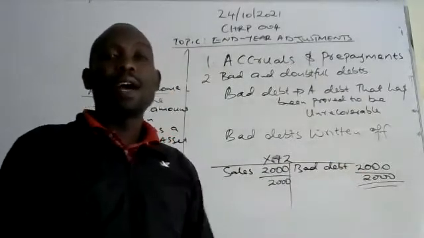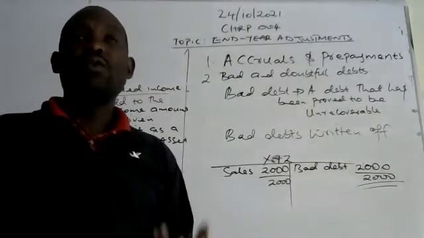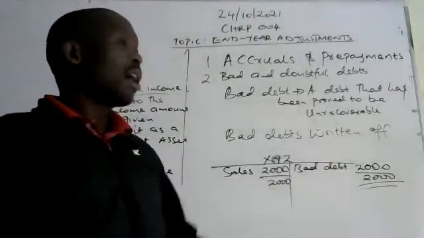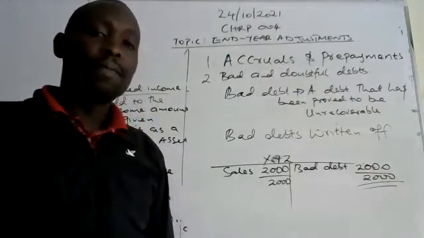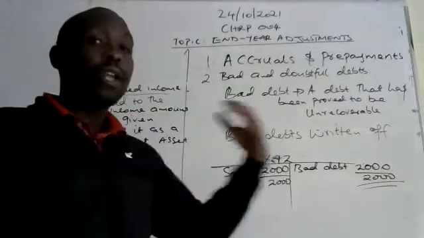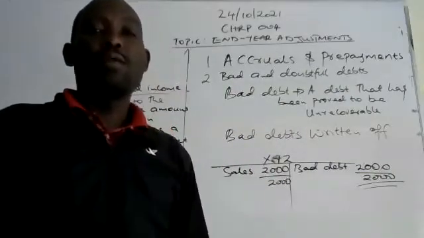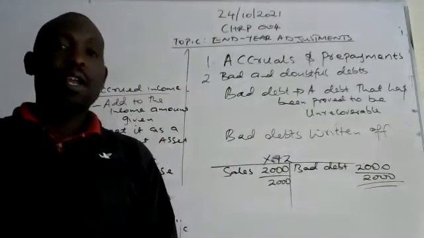The bad debt account is actually an expense account because that is money that you have lost. You will not receive that money anymore. So in the bad debt account, we shall debit that amount that we have transferred from the debtor. So what I want to say is this. Bad debts are those debts that you have proved as the business that they are not going to be recovered anymore because of some reason, one of them being the death of the debtor.